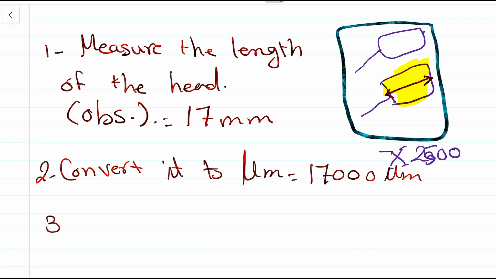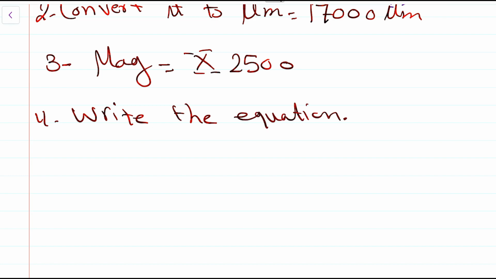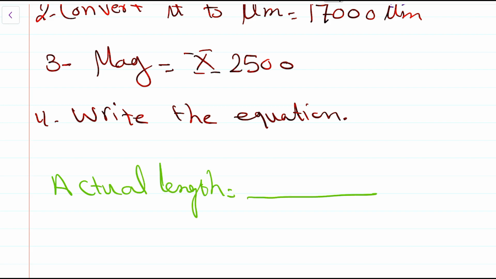Then third, what do we have according to the diagram? We have the magnification, which is 2500. Then fourth, write the equation. Actual length equals observed over magnification.